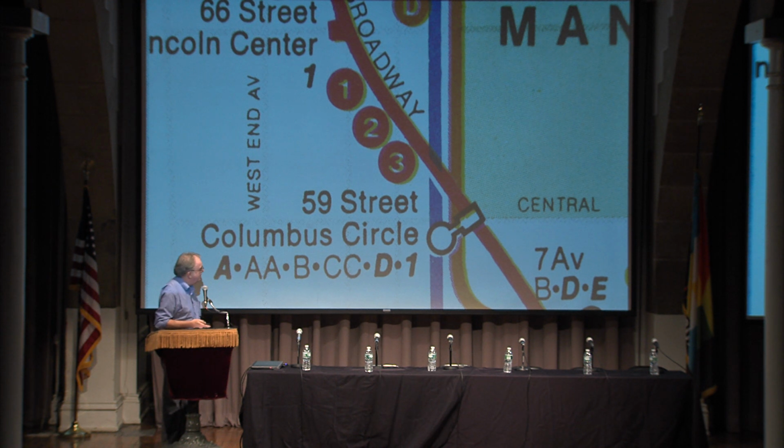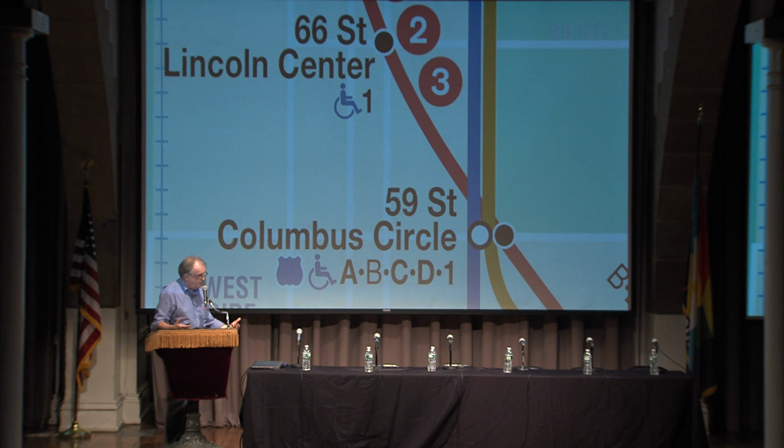And yes, this is the version. It's essentially the same map, but they have changed a few things. One of the things they changed is that, once again, the fact that circles are near each other is supposed to show you that it's a free transfer. I don't know if that's totally clear anymore on this map.